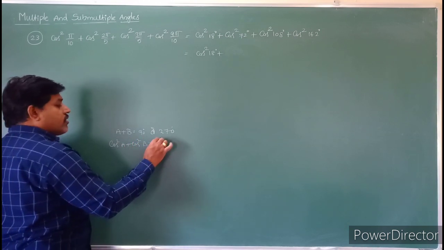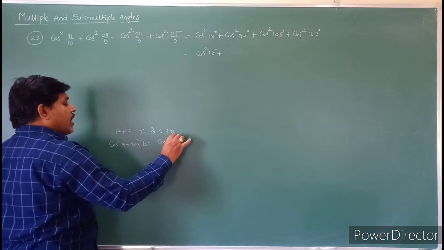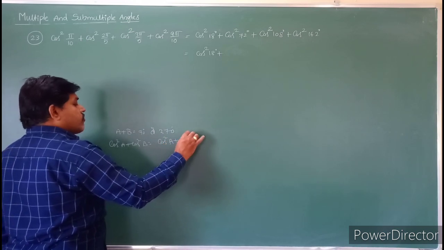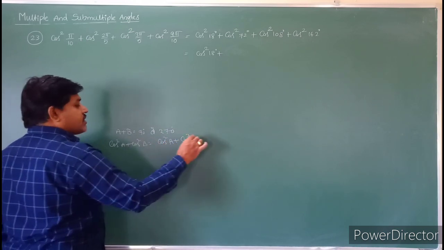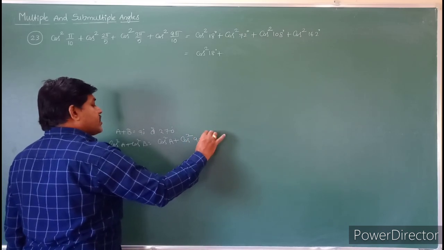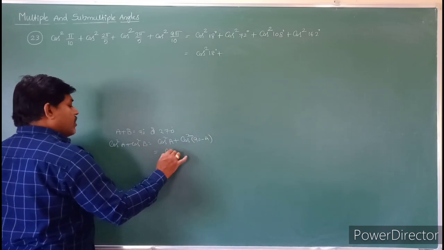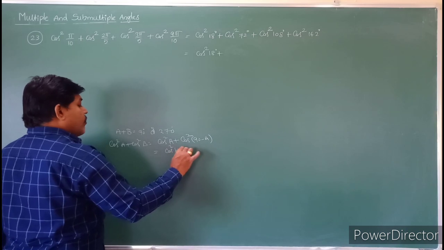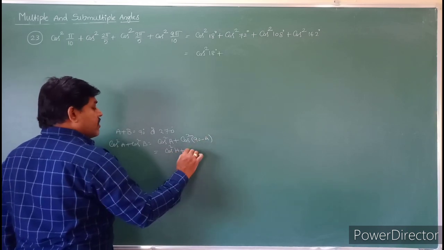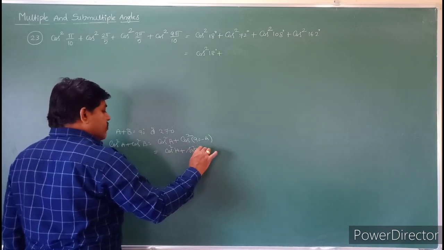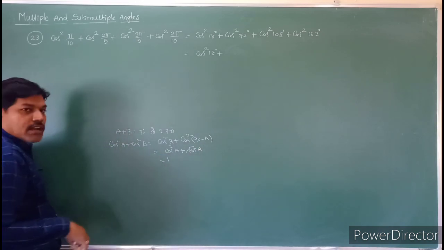Cos square a plus cos square b will become cos square a plus cos square, in the place of b you can write 90 minus a, so it will become cos square a plus cos 90 minus theta is sin theta, it will become sin square a, so it will become 1. Yes or no?